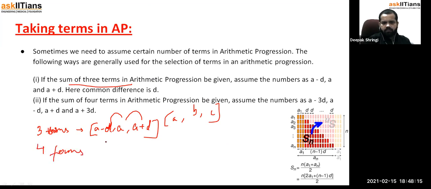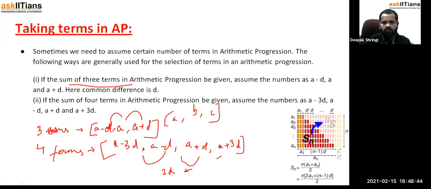If four terms are given, you should give priority to A minus 3D, A minus D, A plus D, and A plus 3D.